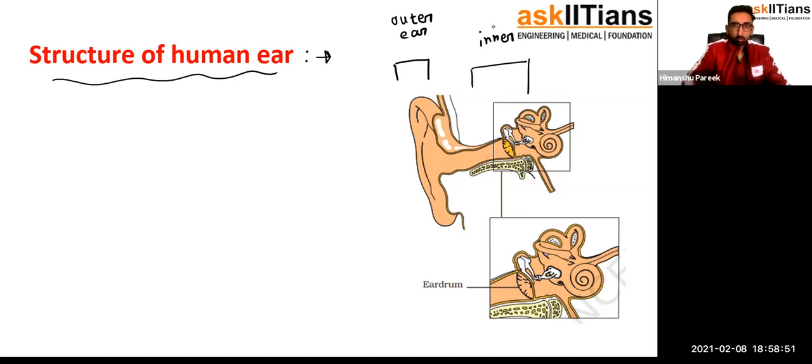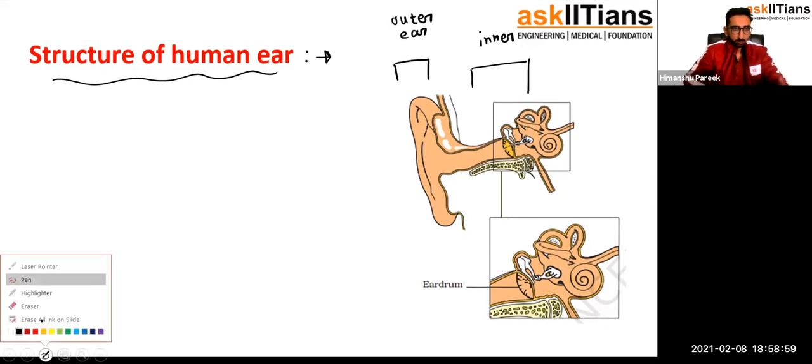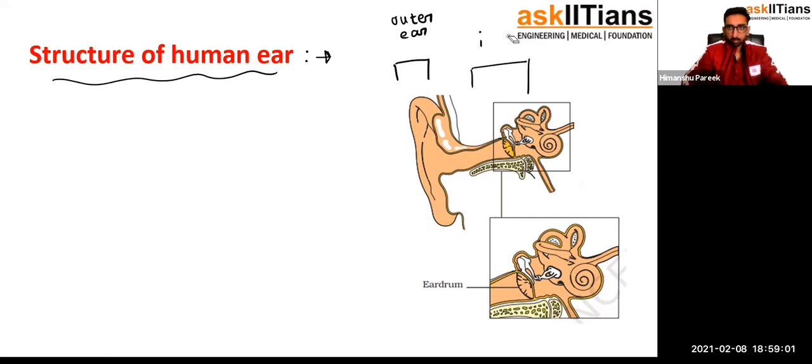Right, so outer ear and then this will be called the middle ear. Just a second. Inner ear will be the third part. So this is basically the middle ear, the middle part of the ear, you can say simply.